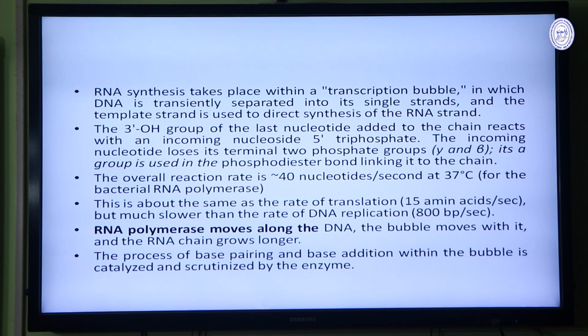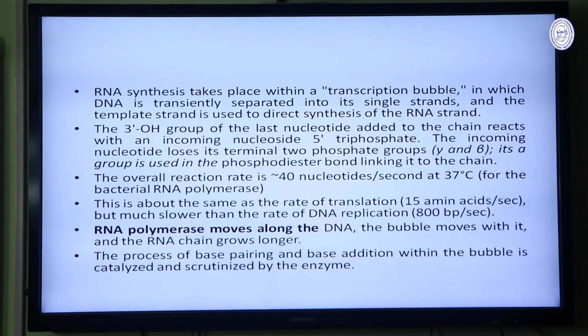The 3' hydroxyl group of the last nucleotide added to the chain reacts with an incoming nucleoside 5' triphosphate. That means the phosphodiester bond is formed between the 3' hydroxyl group of the last nucleotide in the RNA chain and the 5' phosphate, that is, the alpha phosphate. We know that a nucleoside triphosphate has 3 phosphates: alpha, beta and gamma.